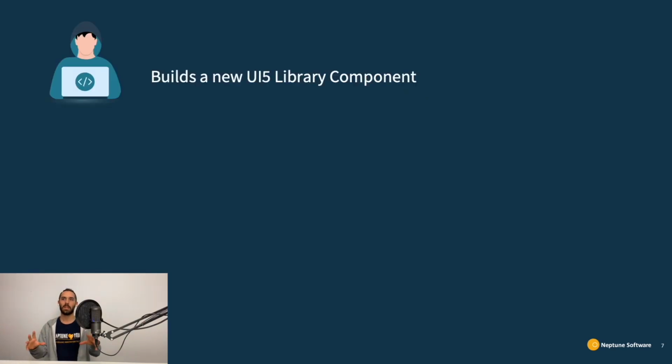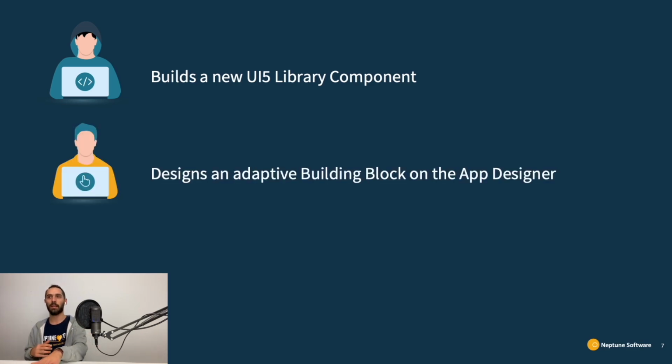So everything starts with the full stack developer who is building a new UI5 library component. He knows exactly where to go and search for the UI5 controls, knows exactly how they behave and how to use them. And then comes the SAP backend developer, who designs an adaptive building block in the application designer.